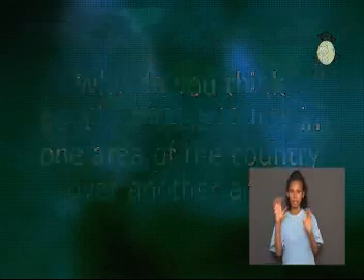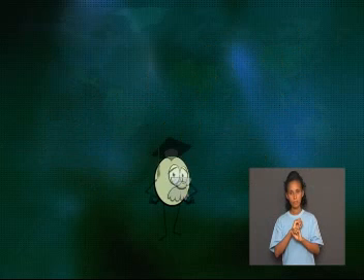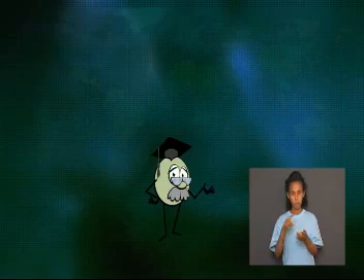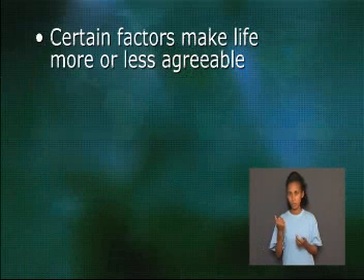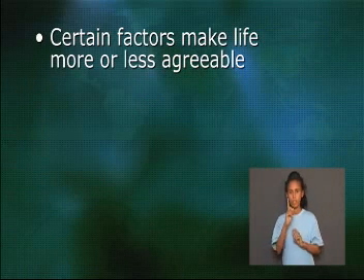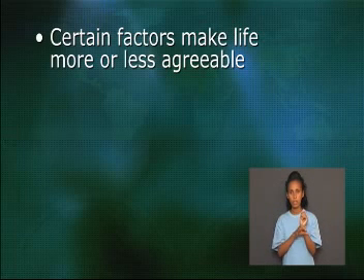Time's up. Let's get back to our lesson. Welcome back, students. Did you and your partner have an interesting discussion? Perhaps you said that people choose to live in one area of the country over another because of certain factors that make life more or less agreeable.